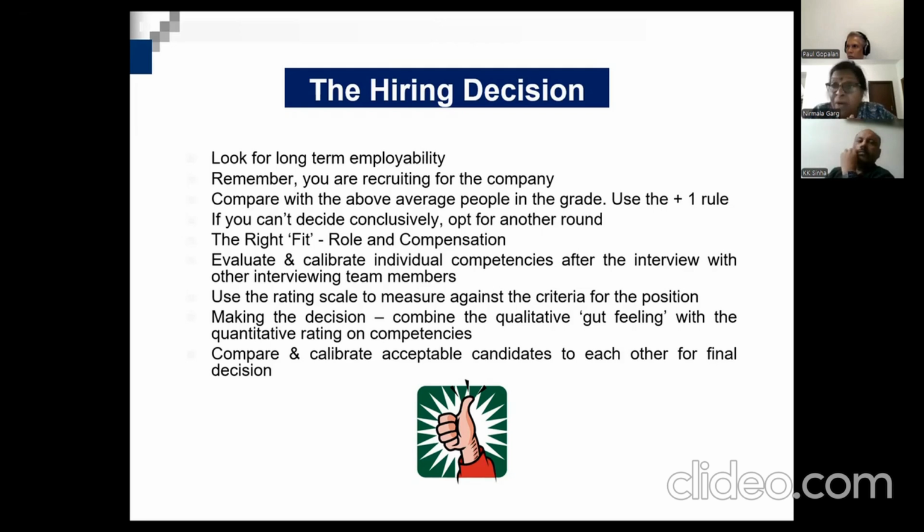Now go to an average performer. You ask, what are the things you have to delegate? Do you have to delegate? Give me a situation where you had to delegate and what you did about it. The person will tell you something.